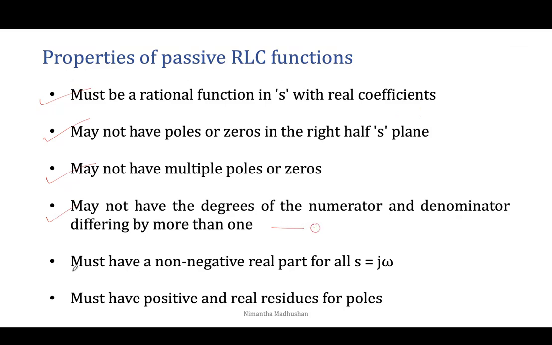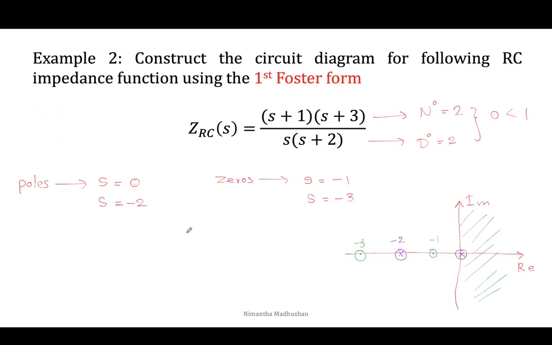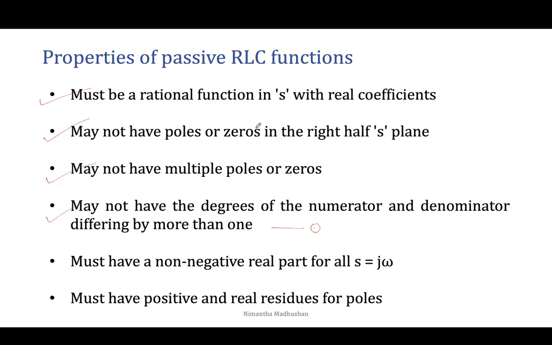And the fifth one is that it must have a non-negative real part for all s equal to j omega. For that, we have to substitute s equal to j omega into this function. I simplified the function: Z_RC(s) is equal to (s squared + 4s + 3) over (s squared + 2s).